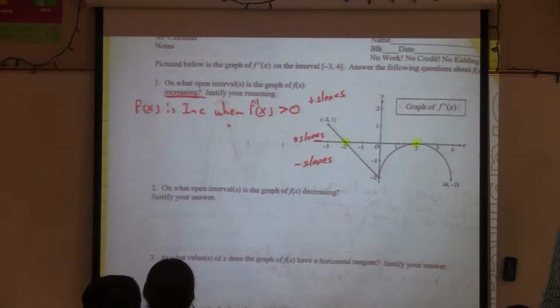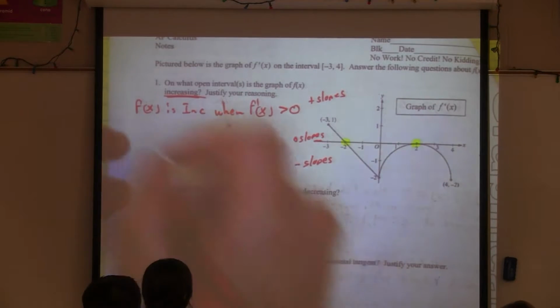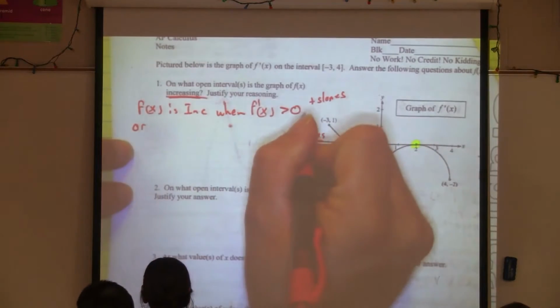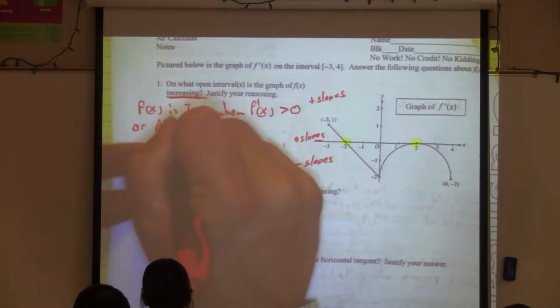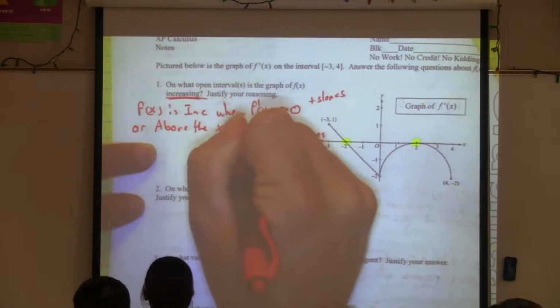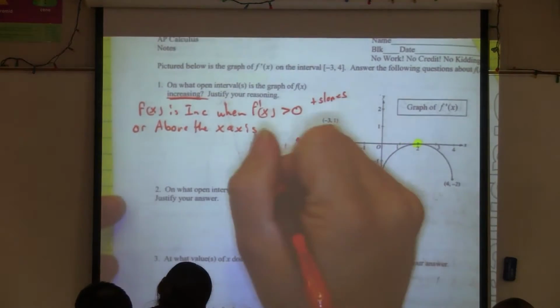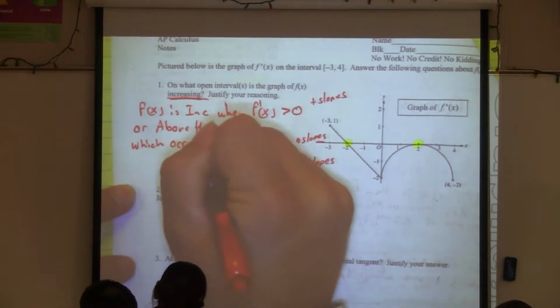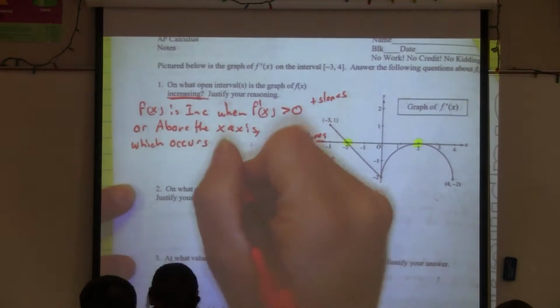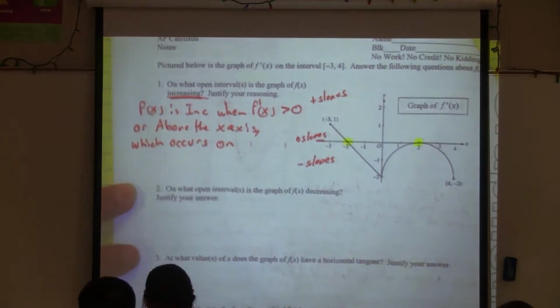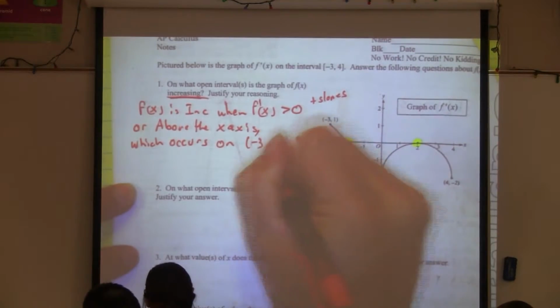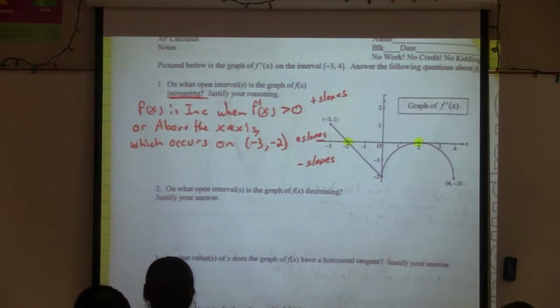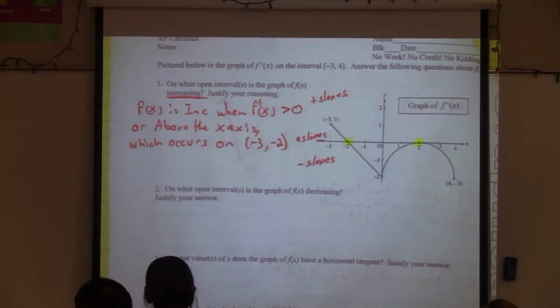So looking at this graph, where is f prime greater than 0, or above the x-axis, which occurs on what intervals? -3 to -2. Very good. That's where it's going to be increasing because that's where it's above the x-axis.